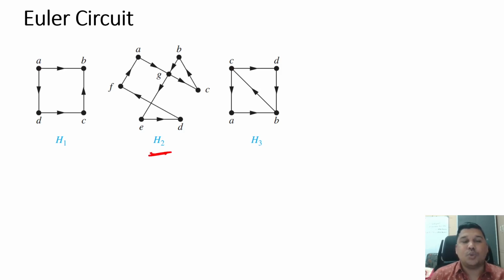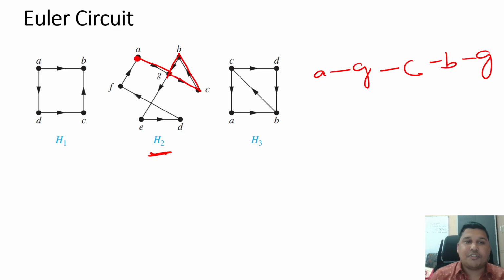Let's see this H2. Find out whether it has Euler path or not. Let me start from A. From A I can go to G. From G I can go to C. From C I can come to B. Then from B to G, from G come to E, again from E to D, because there is an arrow mark, I can travel that way.